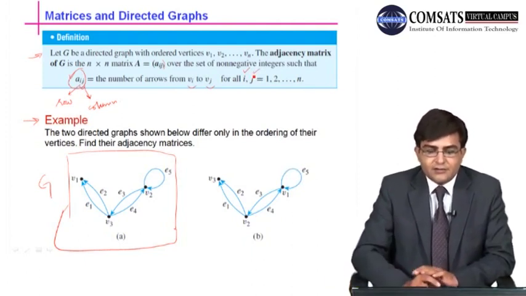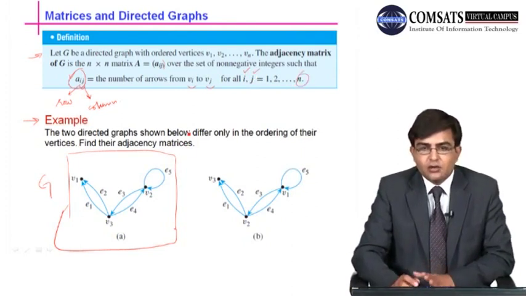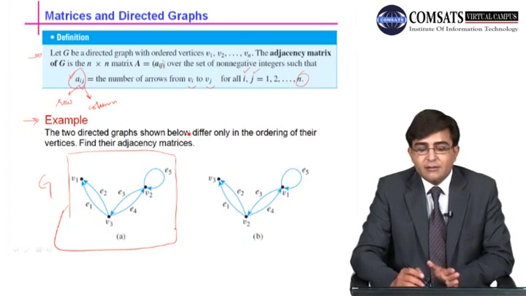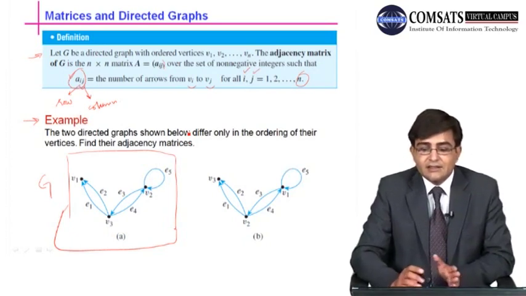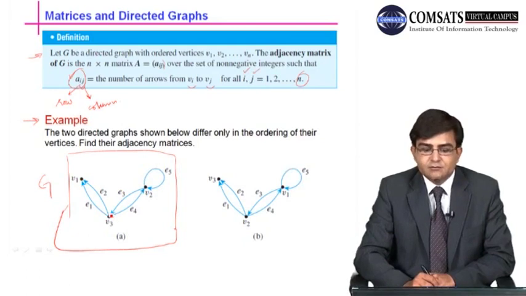First of all we have to decide what n is, meaning how many rows and columns there will be in the adjacency matrix. So first we have to calculate how many vertices there are in that graph. In the graph G here we have 1, 2, 3 vertices.